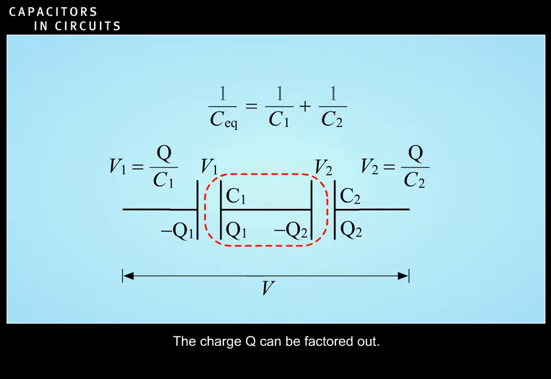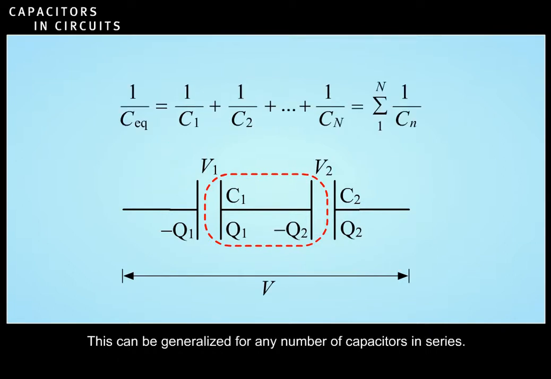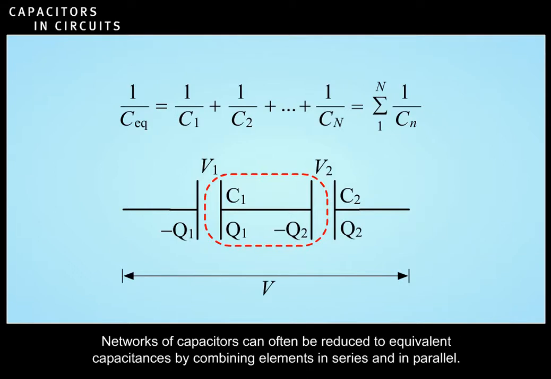The charge Q can be factored out. The inverse of the equivalent capacitance is equal to the sum of the inverses of the component capacitances. This can be generalized for any number of capacitors in series. Networks of capacitors can often be reduced to equivalent capacitances by combining elements in series and in parallel.